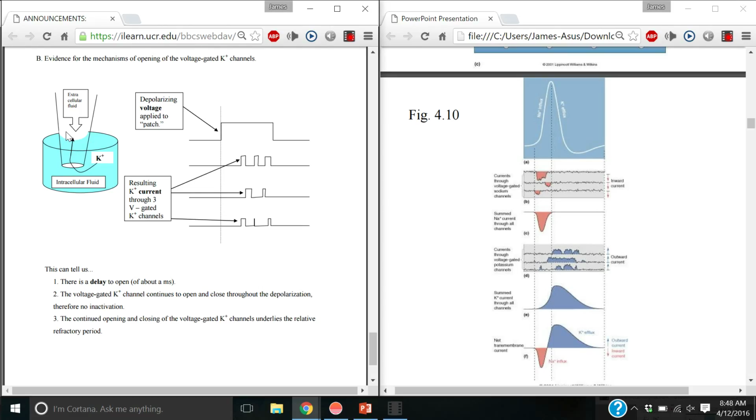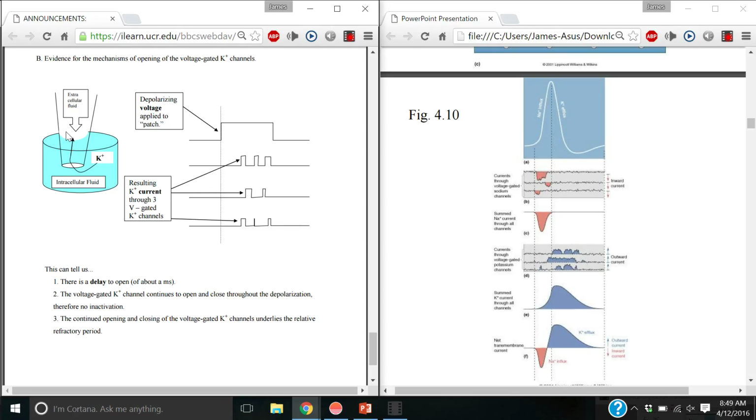And you basically apply the same experimental manipulation. That is, you depolarize the membrane potential, right? Depolarization across the patch. You've duplicated the extracellular concentrations of ions and intracellular concentrations of ions.